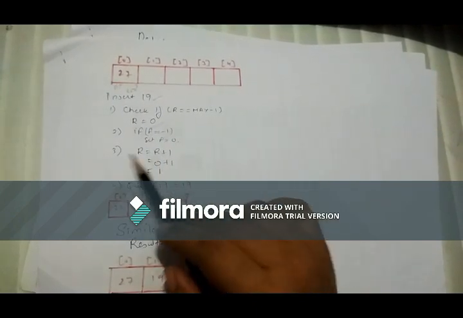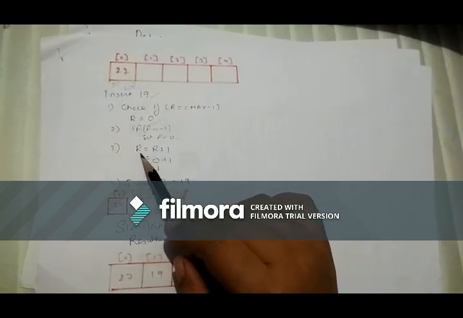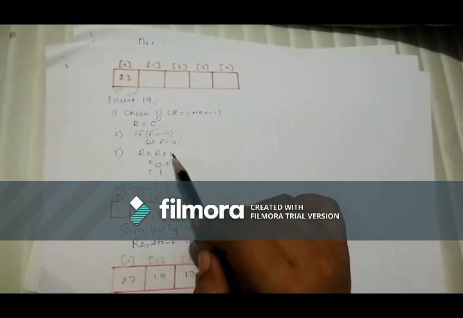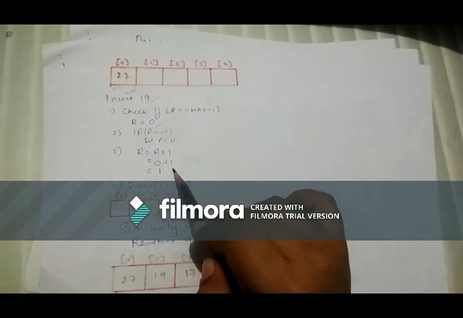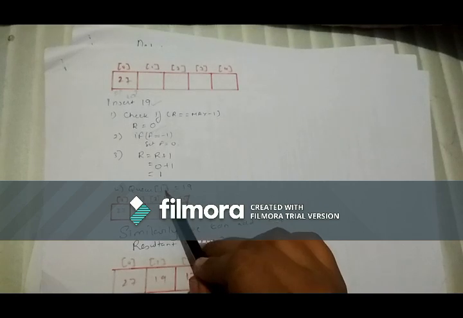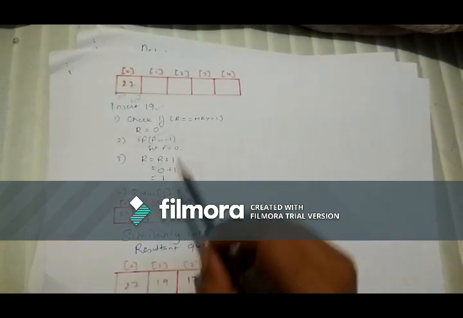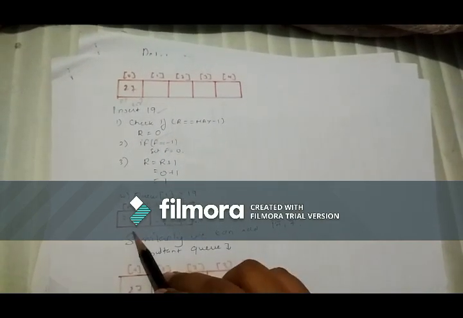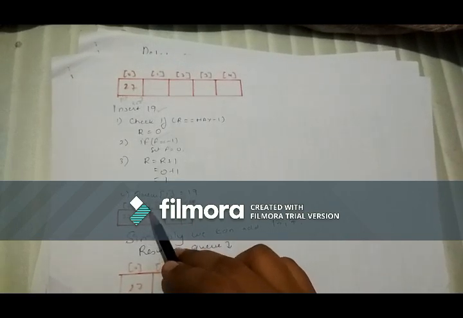So directly going to the third step, r is equal to r plus 1, that is 0 plus 1 is equal to 1, and we will add the item 19 at index 1 in the queue. So the resultant queue will look like this: 27 at index 0 and 19 at index 1.